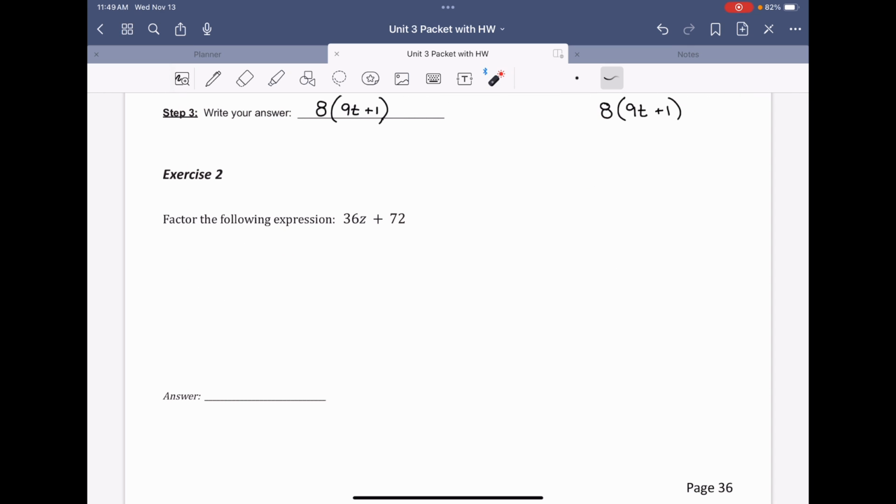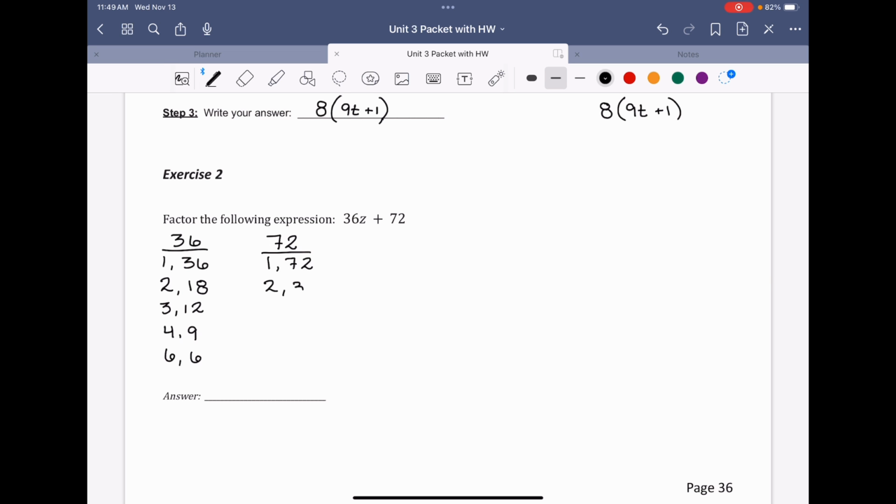All right, go ahead and try exercise 2. Pause the video when you're all set. Check your work. All right, so I'm just writing out my factors. 1 and 18, 3 and 12, 4 and 9, 6 and 6, 2 and 36.